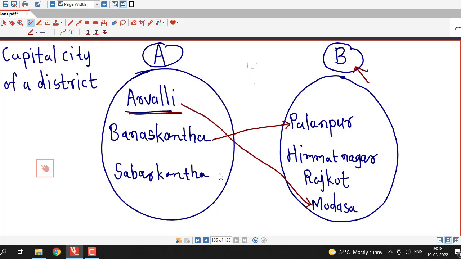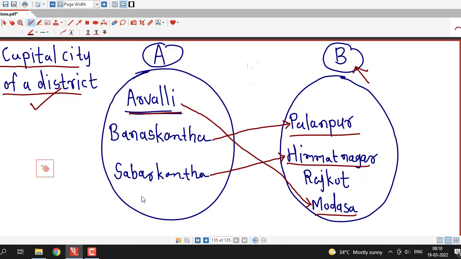Then Sabarkantha is assigned Himmatnagar. Himmatnagar is the capital town of Sabarkantha district. So we can see under this rule or this relation, we have assigned a unique element of set B to every element of set A. So therefore this relation is a function from set A to set B.